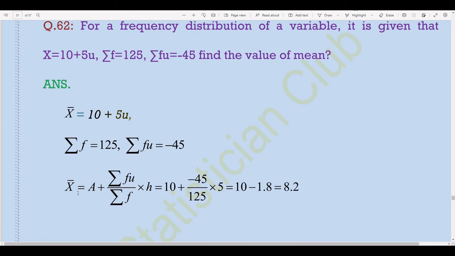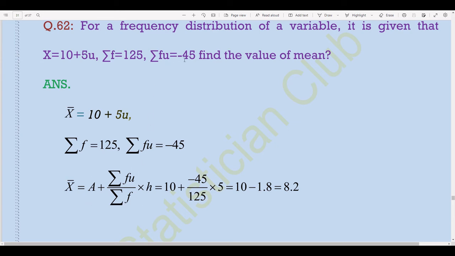For grouped data with the coding method, x bar is equal to a plus summation fu over summation f, times h. I repeat again, when your data set shows frequency, it is a sign of grouped data, and when u appears, you solve this with the help of the coding method, not other methods like the direct method or short method. So for grouped data, the formula for the coding method is a plus summation fu over summation f, times h.